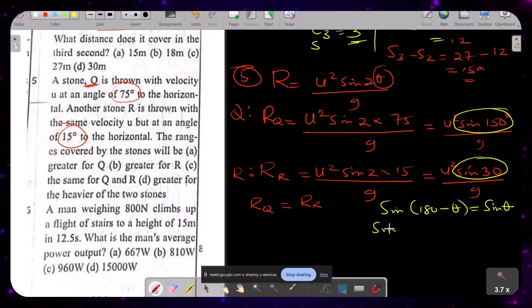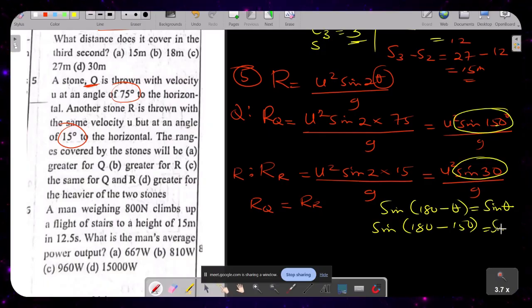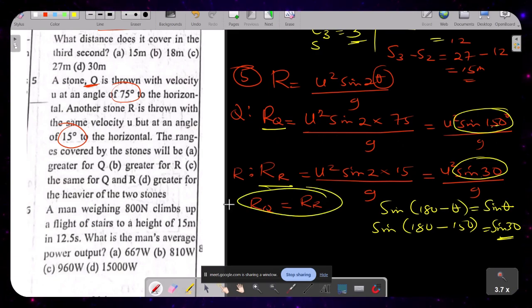If I say sine 180 minus 150, what is it going to give me? It's going to give me sine 30 degrees. So you are now aware that sine 150 is the same thing as sine 30. So both of them are the same thing. For that reason, both ranges are the same. That's why I concluded this.